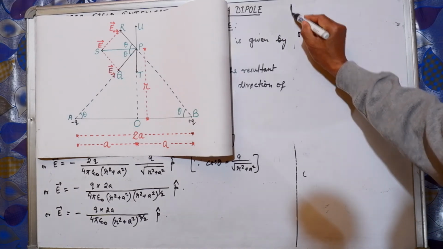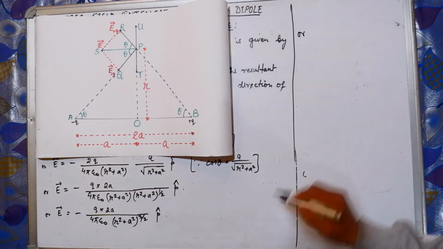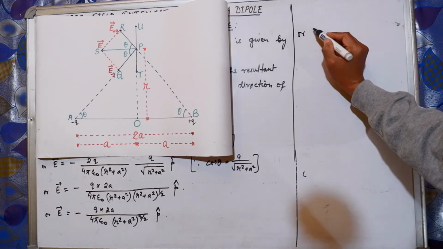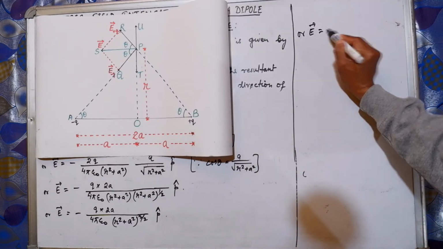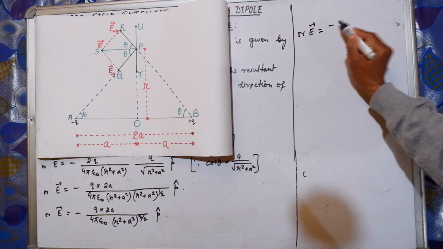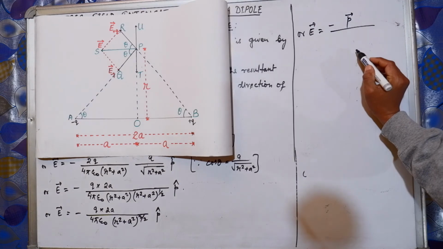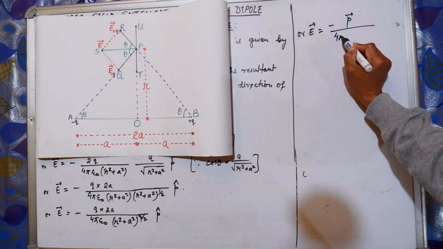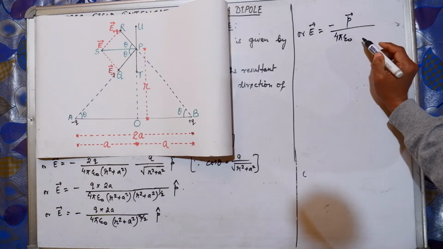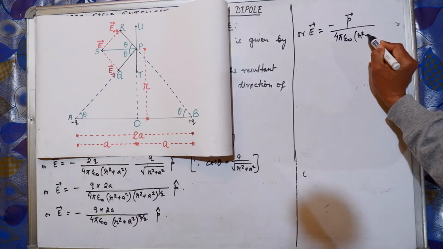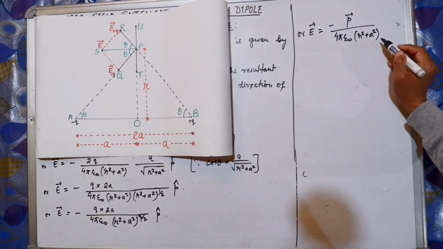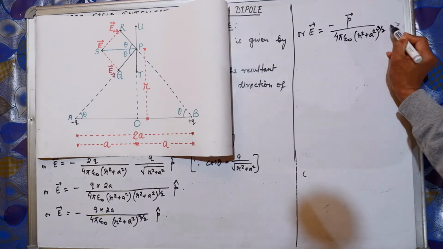Here we can write E will be equal to minus P, the electric dipole moment, by 4 pi epsilon naught, R square plus A square to the power 3 by 2.